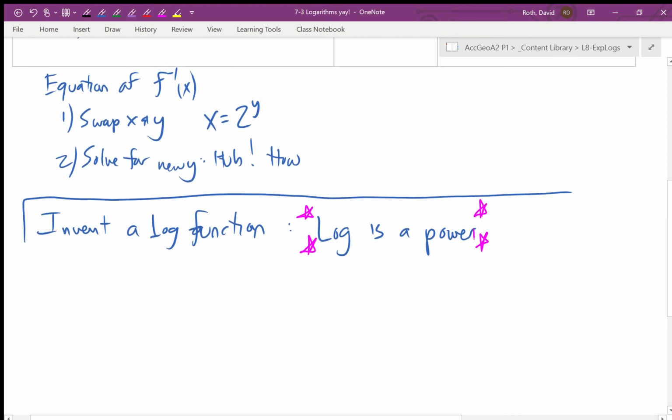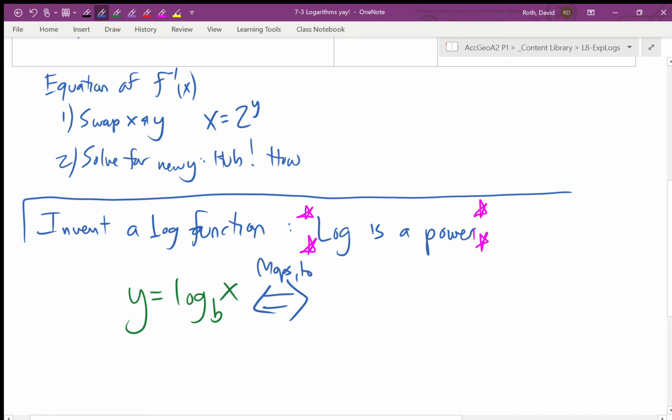A log is a power and has all those properties. So let me invent this new function for us. Y is equal to the log base b of x. I didn't do it in purple, did I? I did it in green. So when I say that, I will map it. Maps to.